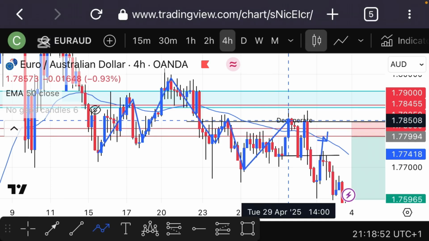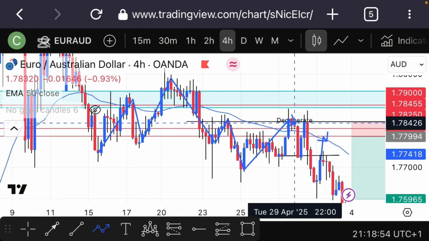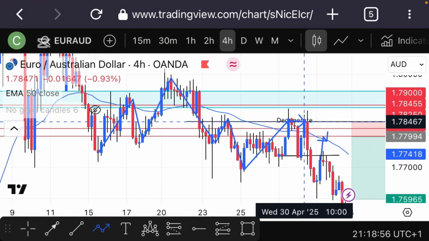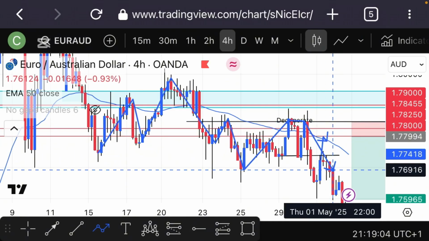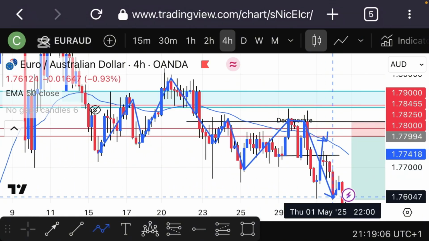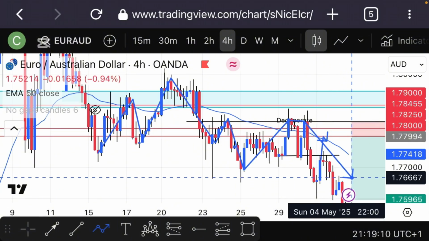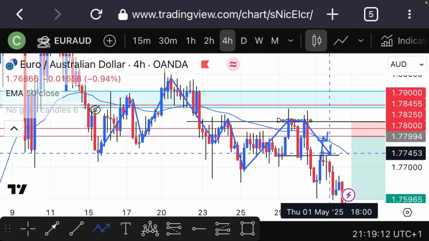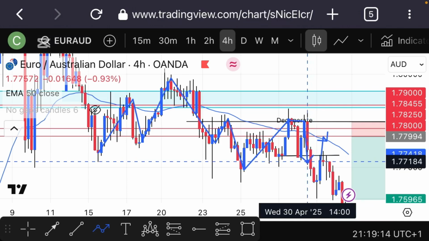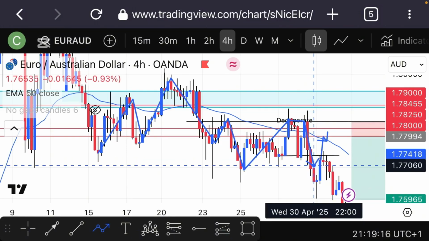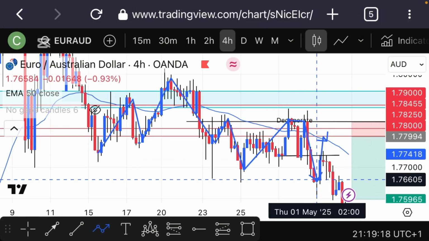We had here multiple double top rejections from this zone, which I should have entered to the downside, but I didn't, because my entry point was down here and I was waiting for a shift of structure from down here, which went on up and way too below.